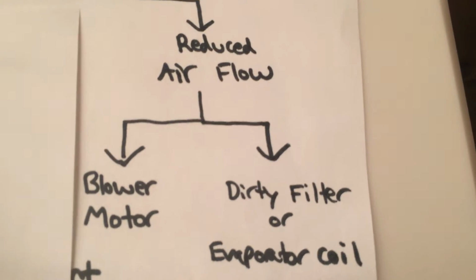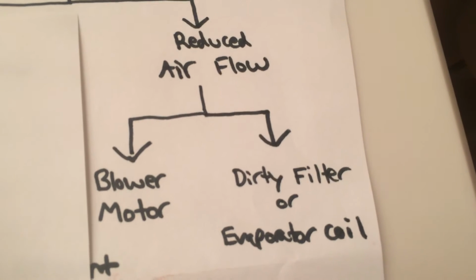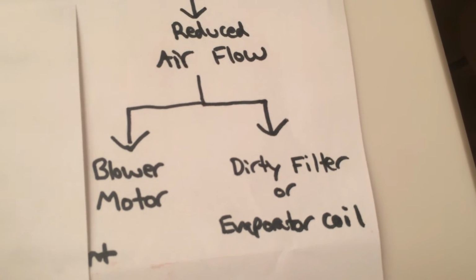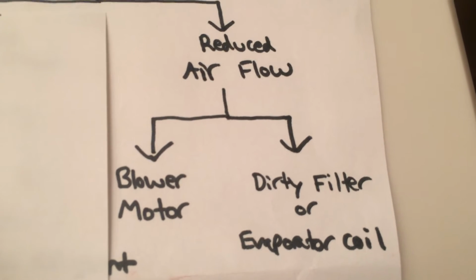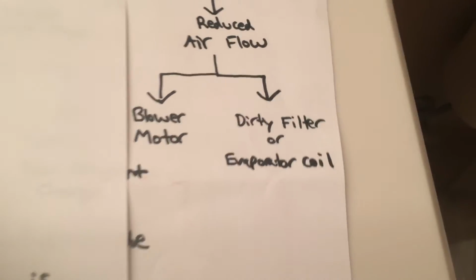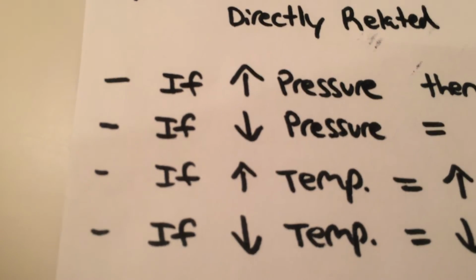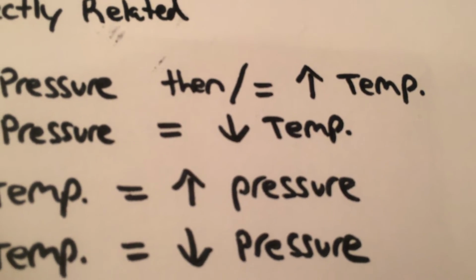And how this can freeze the coil is that normally, when your blower and your filter are clean and your evaporator coil is clean and air is flowing across it, we're moving a certain amount of heat into that coil. And because we're moving heat into the coil, we're adding temperature to the coil. And because temperature goes up, then our pressure must go up.